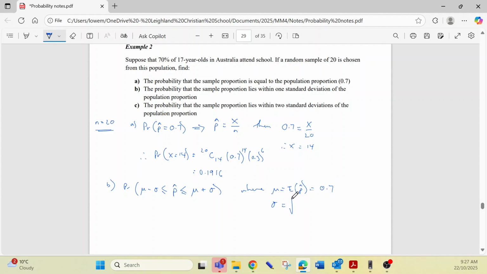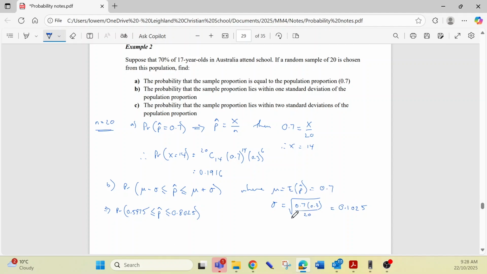Sigma is going to be the square root of 0.7 times 0.3 divided by our sample size of 20, which works out to be 0.1025. So we are saying, what's the probability that our p hat is between our mean minus and plus 0.1025, and that works out to be 0.5975 and 0.8025, based on those two numbers.